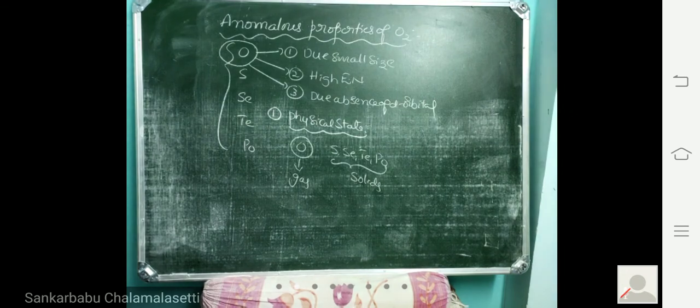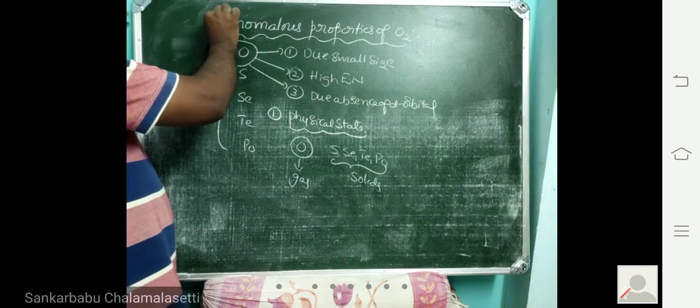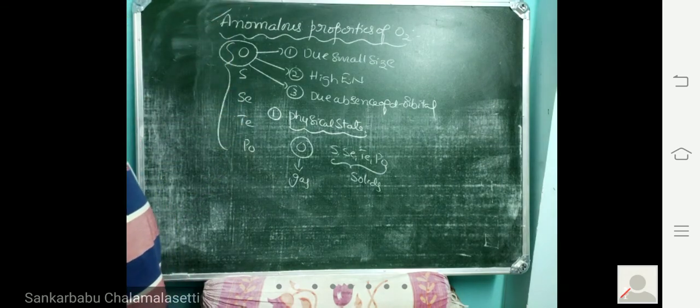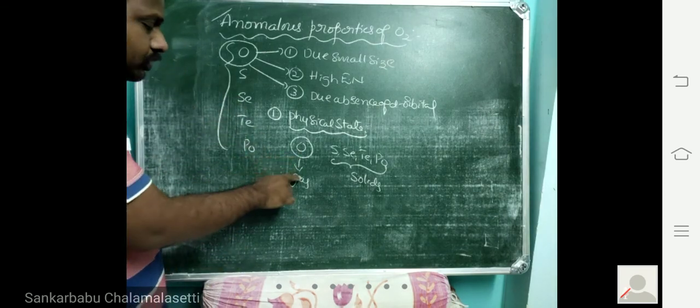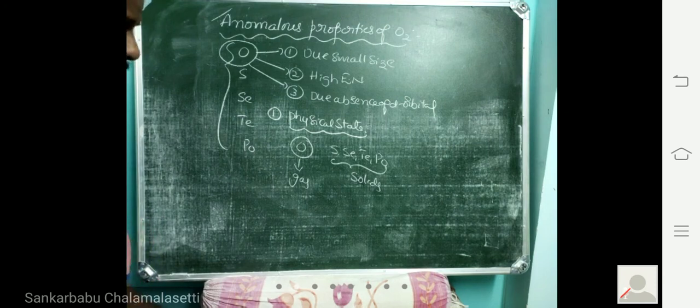Why is oxygen a gas whereas the other elements are solid? For that reason we saw in the previous classes. But here we are discussing the anomalous behavior of oxygen. Oxygen at room temperature is a gas, whereas the other elements of this group are solids.